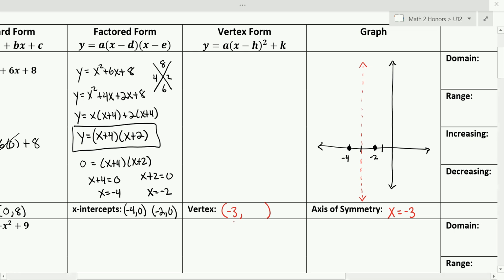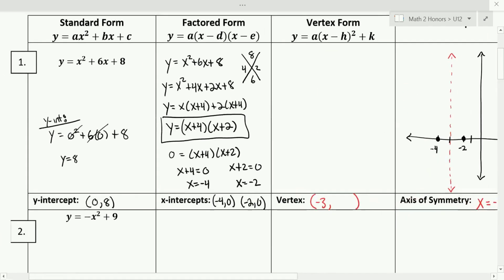And by knowing that, if you know an x value, you can always find a y value by plugging it into an equation. It's your pick. We can plug -3 into the factored form, or we can plug -3 into the standard form, and we'll get the same y value. So what do you want, standard form or factored form?